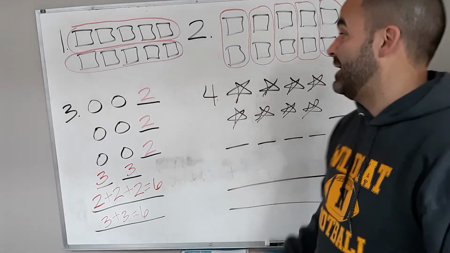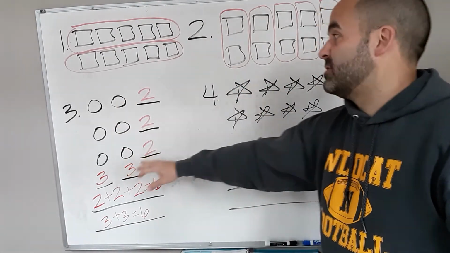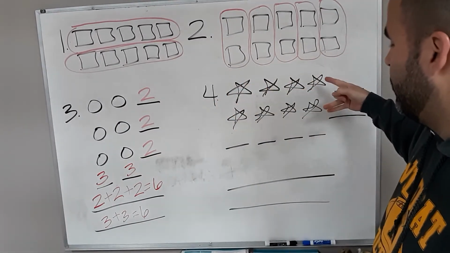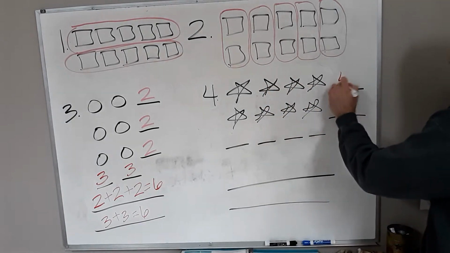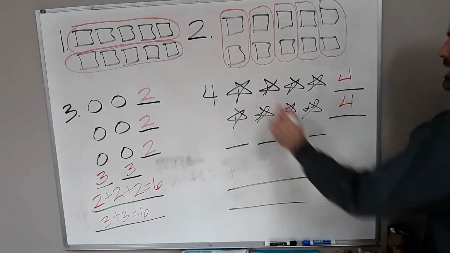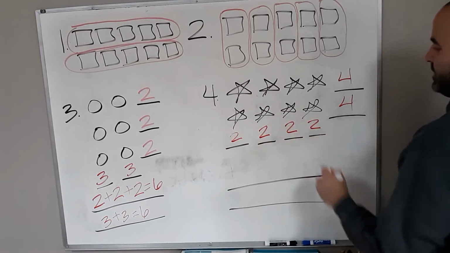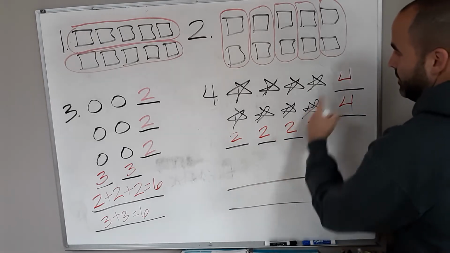Let's do the same thing. Now, it doesn't matter what our shape is. I made circles. They're actually pairs over here, but this is stars. It's still an array. We have rows. We have columns. In the rows, we have 4 in each row. In each column, we have 2. Okay, so let's add up our rows.